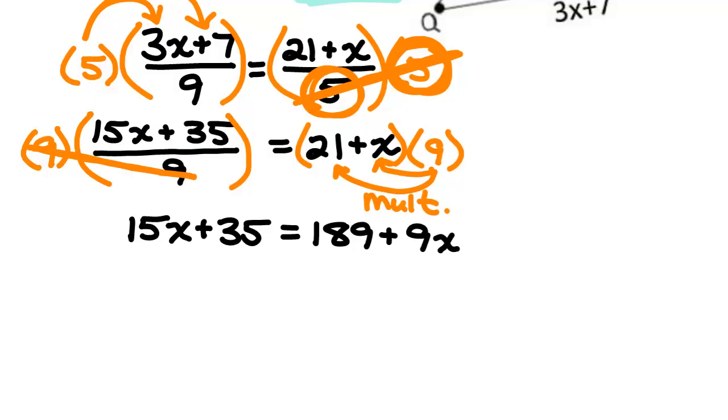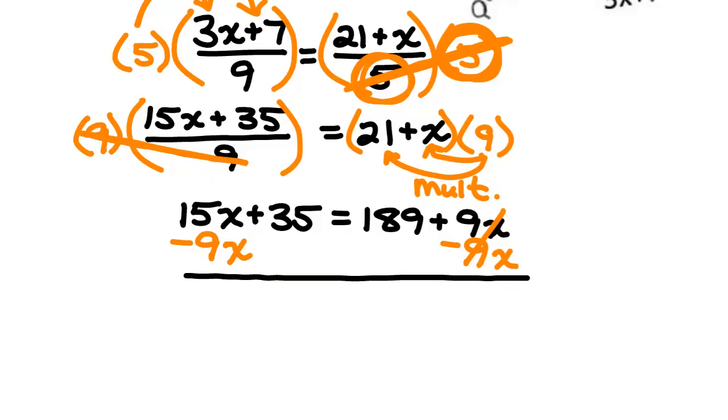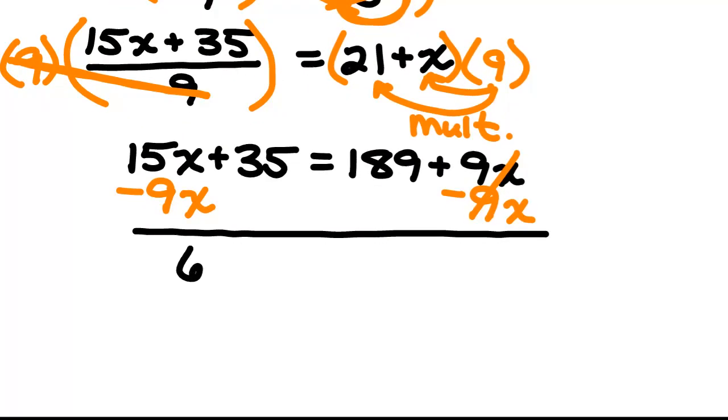And then from here, we need to get our x's to the same side, so I need to make it cancel on one side. So I'm going to subtract 9x to make it cancel on the right. If you do it to one side, you do the exact same operation to the other side. So I have 15x minus 9x, which gives me 6x, and then plus 35 equals 189.